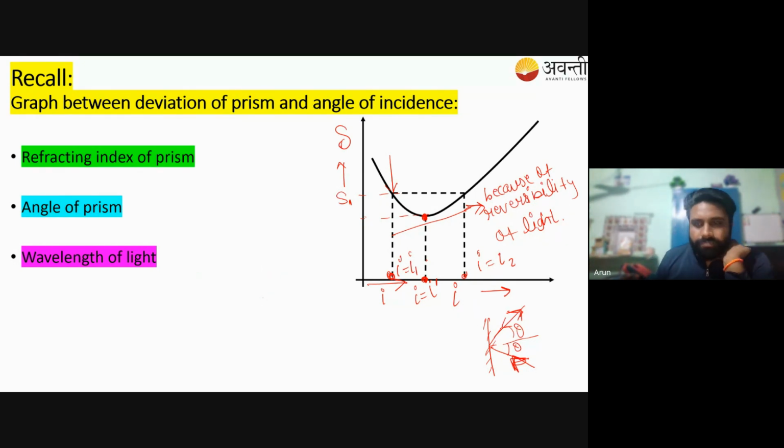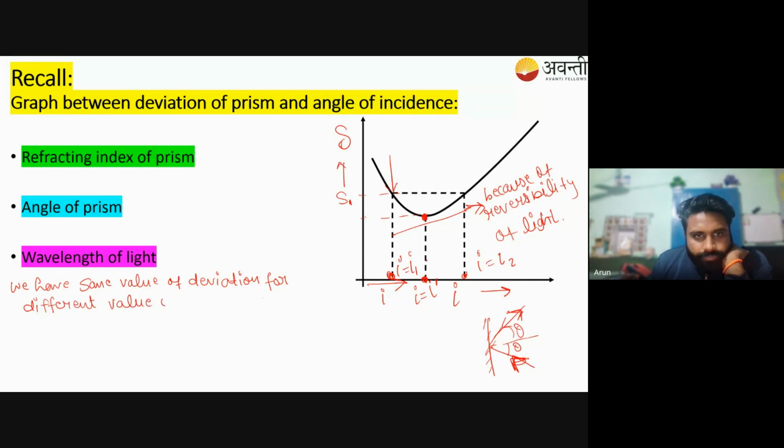I will write it for you. We have the same value of deviation for different values of angle of incidence.